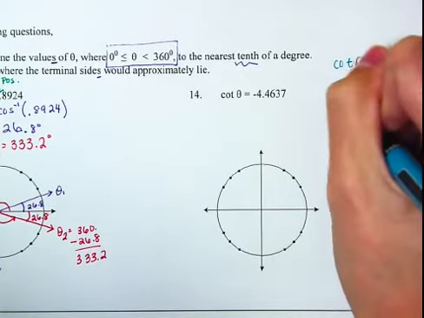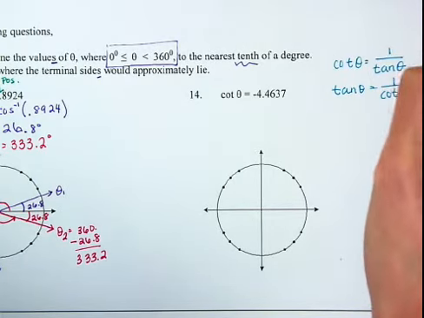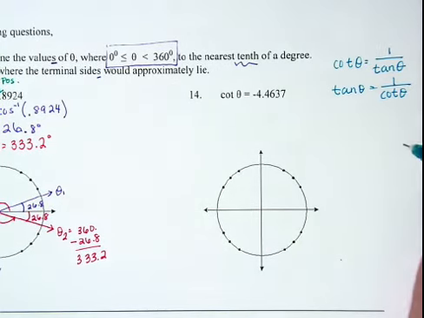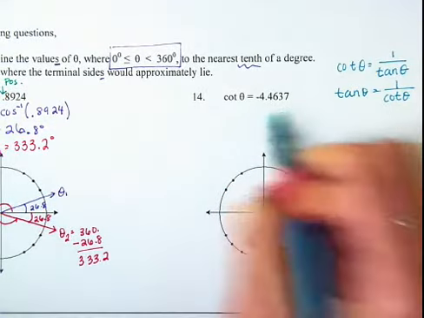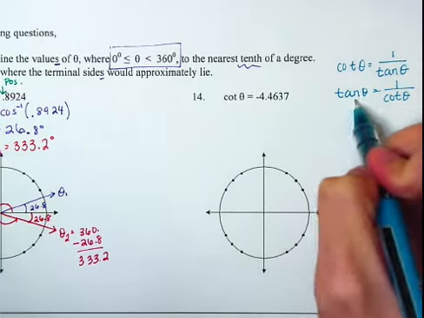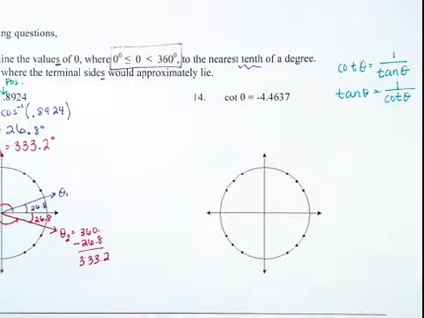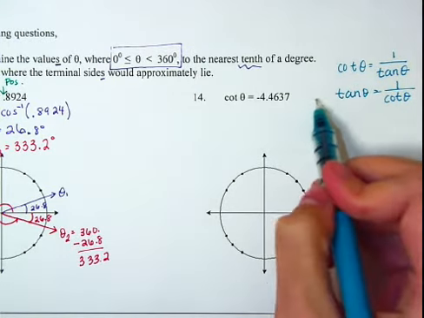So that means that tangent is 1 over cotangent. And these are all talking about the values of these trig functions. So the value of cotangent is 1 over tangent. The value of tangent is 1 over cotangent. If I have the value of cotangent, to find the value of tangent, I take the reciprocal of that.